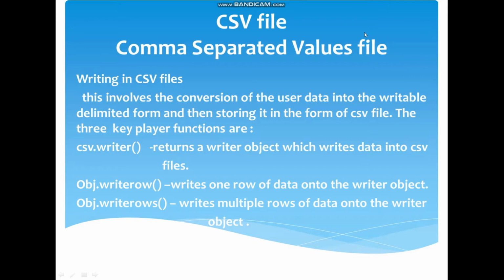The key function you need is csv.writer, which returns a writer object that writes data onto the CSV file. Then, to write the data, you use object name dot writerow or writerows. With writerow we can write one row at a time, and writerows can write multiple lines, multiple records.